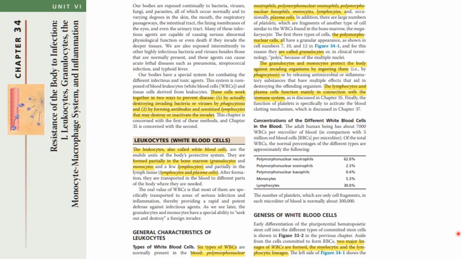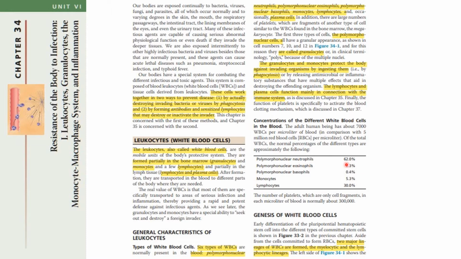The granulocytes and monocytes protect the body against invading organisms by ingesting them. This process of ingesting invaders or foreign organisms is known as phagocytosis. The lymphocytes and the plasma cells function mainly in connection with your immune system. So all of these cells work together to form your immune system and protect your body.